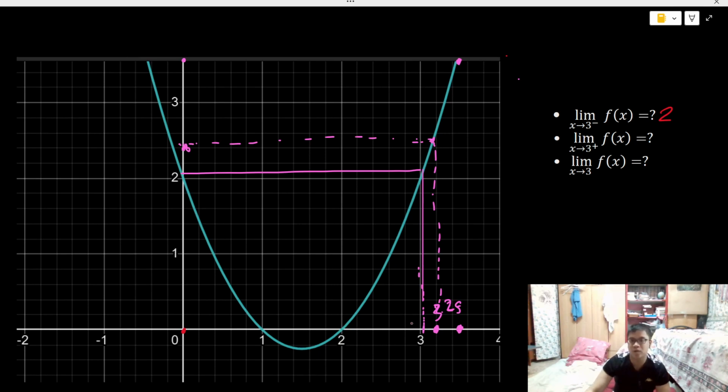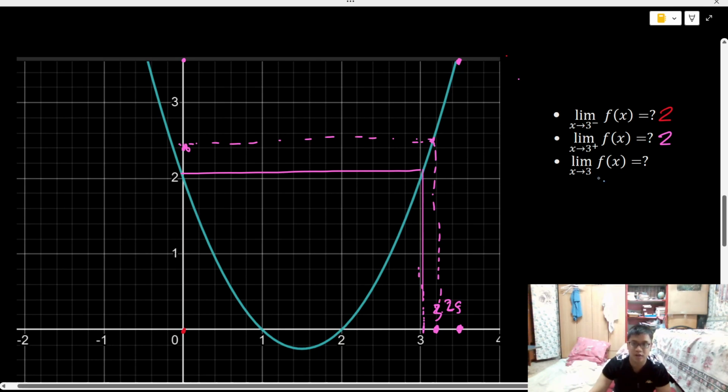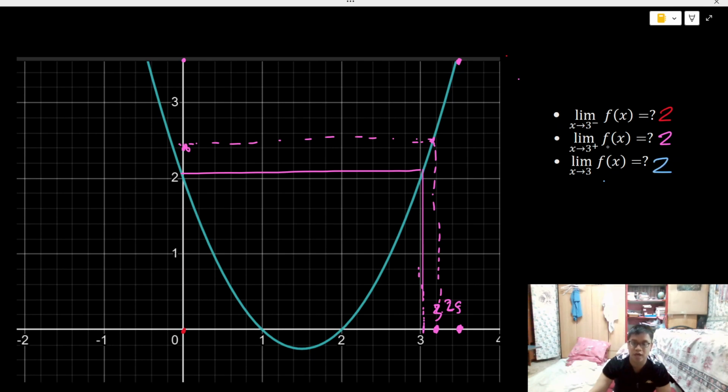So that means as we let our x values approach 3 from the right, it also approaches 2. So what is now our answer in this function? The limit of f of x as x approaches 3 is 2, because both sides approach 2. So to conclude, the answer is 2.